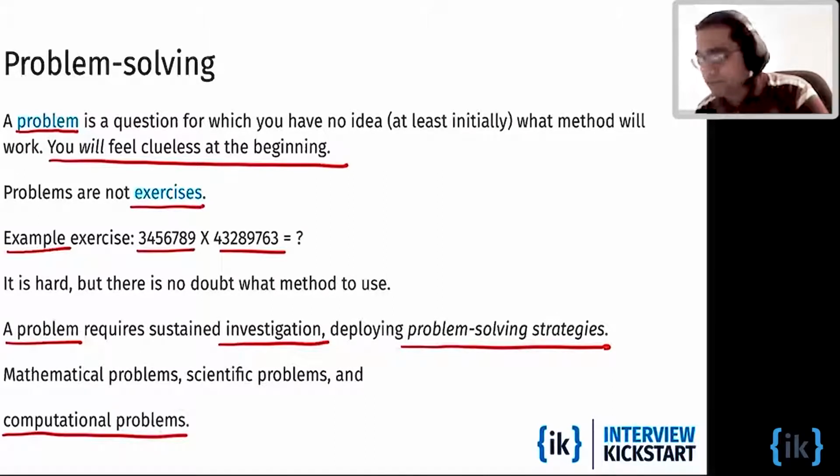In particular, I cover four of them in the pre-class videos: brute force, decrease and conquer, divide and conquer, and transform and conquer. Those are the broad problem solving strategies that can be used to attack any algorithms problem. And we'll see how to do that throughout today's class.